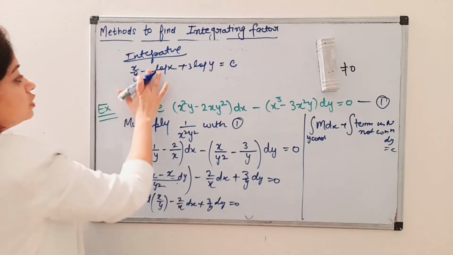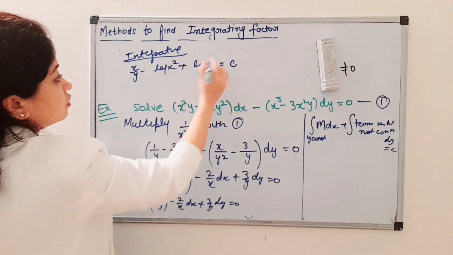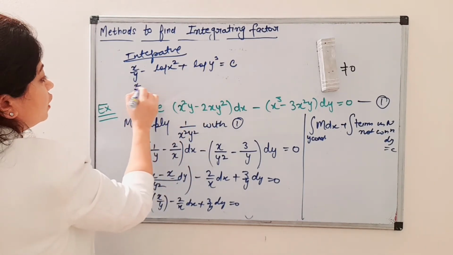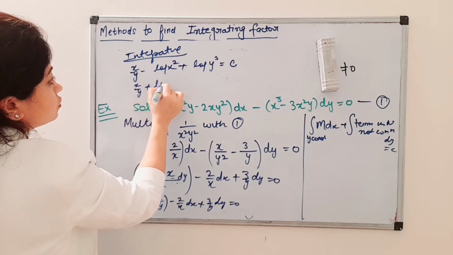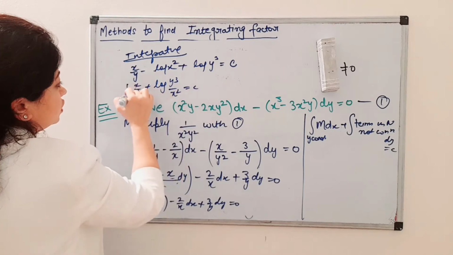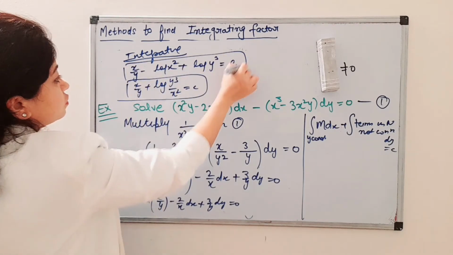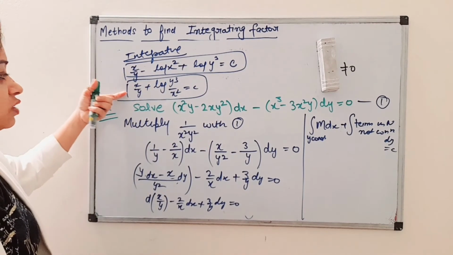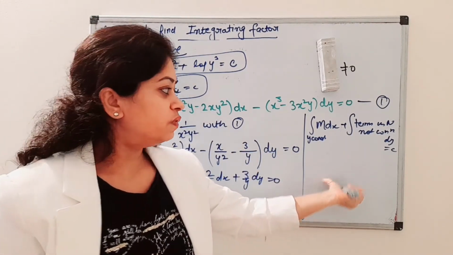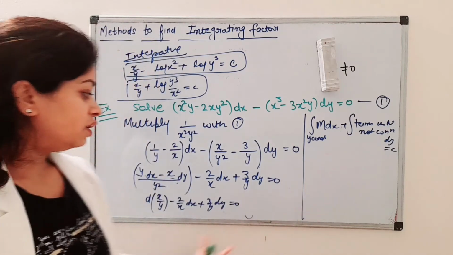Okay, so you can solve it like this. Log y cube, so you can write x upon y plus log y cube by x square is equal to c. This is the answer, or you can write this also. So you can solve it by this also, and you can solve it like this also. In next examples we will solve like this if we cannot rearrange.